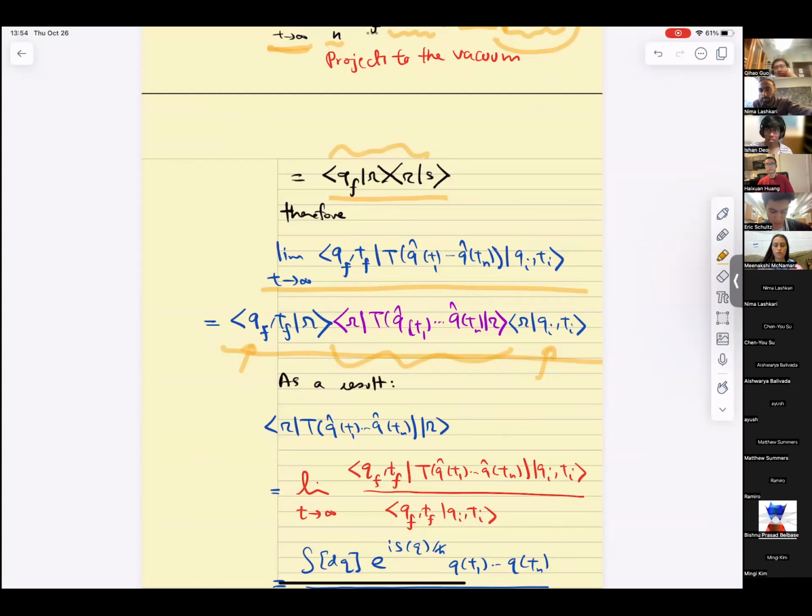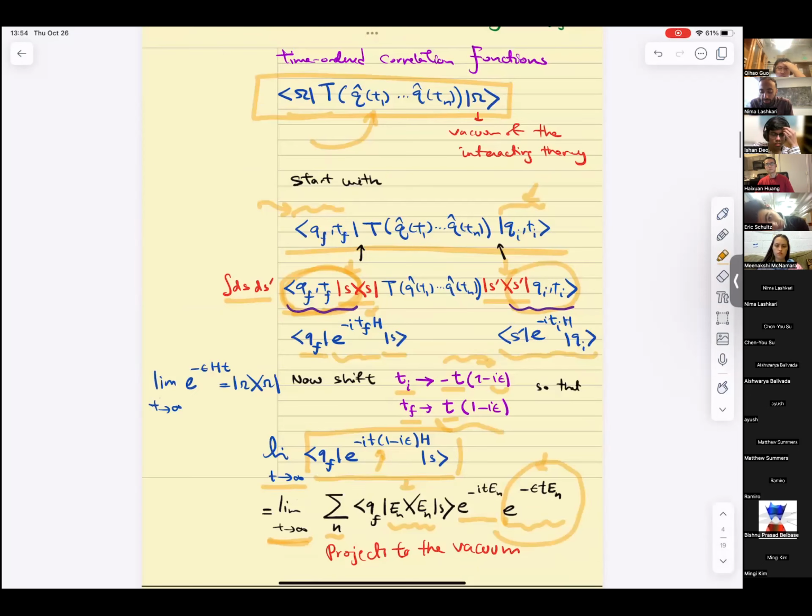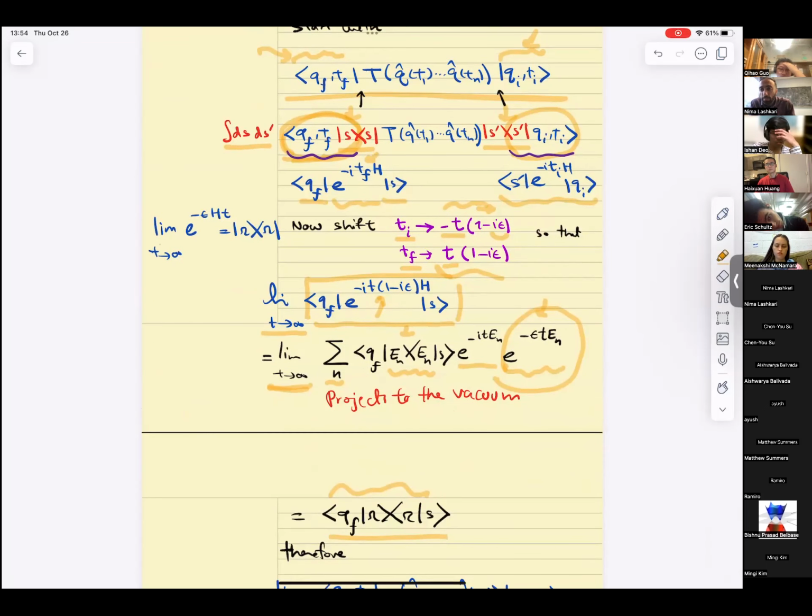I think there is some difference between the vacuum of the Heisenberg picture and the vacuum of the interaction picture. Is this correct? Yes, that comes up in perturbation theory. What I'm saying right now is fully non-perturbative. At the moment, what I'm doing is just formal manipulations.